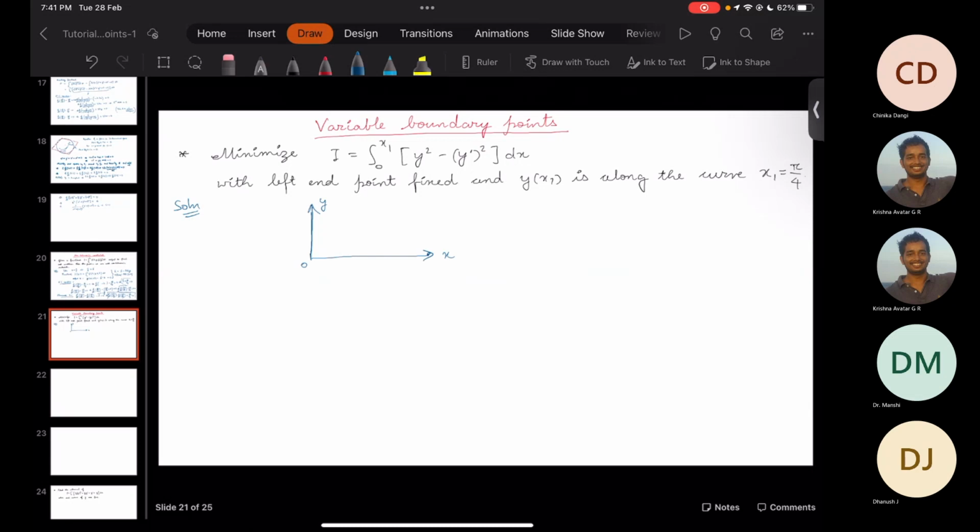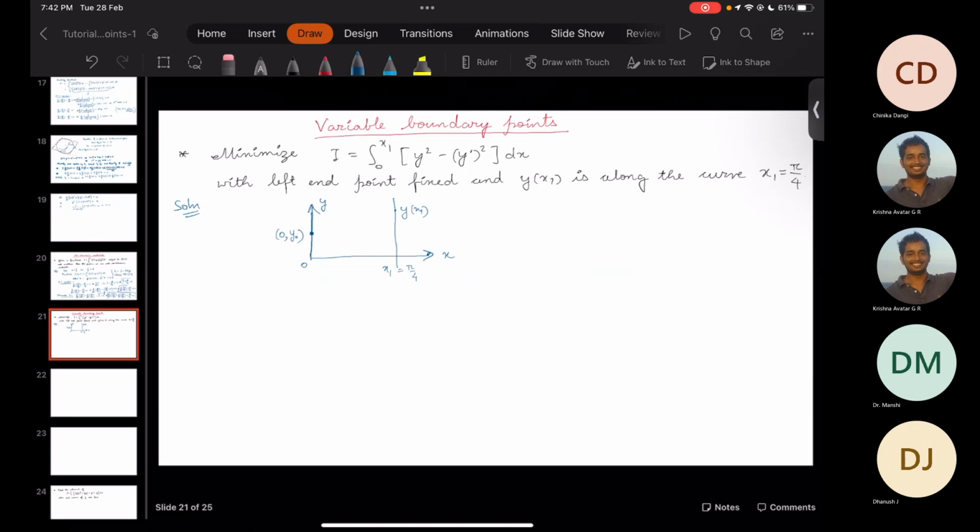It says that our left end point is fixed. So on this side we have, say, y0, fine, 0 comma y0, and the second it says that it can lie anywhere on this curve. So let me call it here, this is y at x1, and x1 here is given by pi by 4.